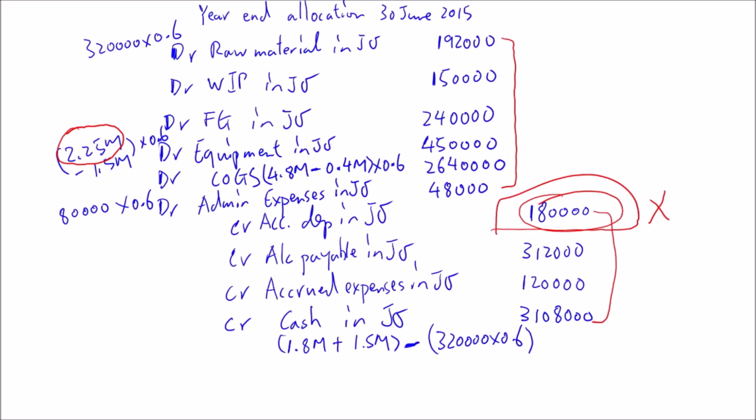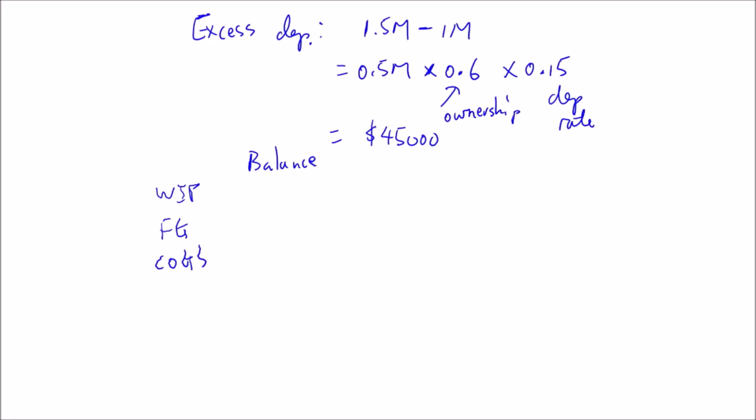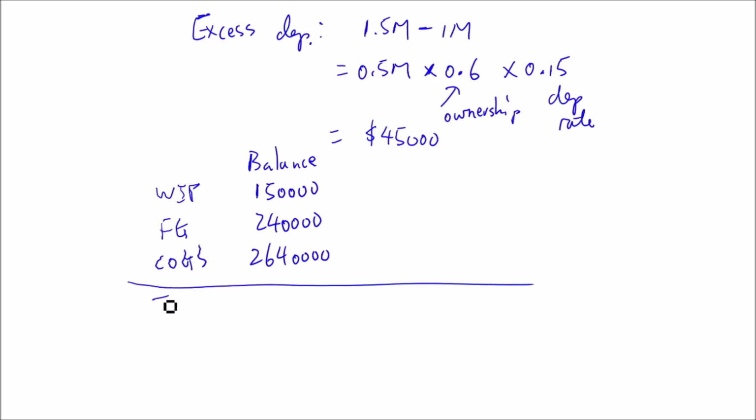So we got WIP, finished goods, and also cost of goods sold. Those are the three balances that you want on that particular table. So WIP, we got 150,000, 240,000 for finished goods, and 2.64 million for cost of goods sold. And you should also write down a total as well. So the total for this one is 3.03 million.